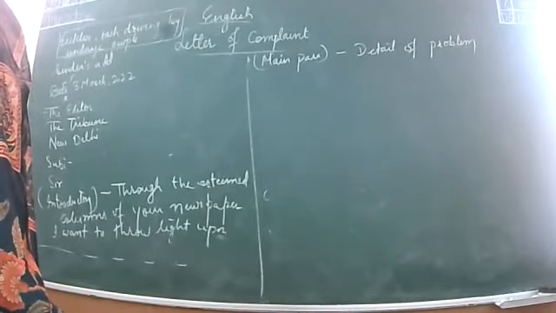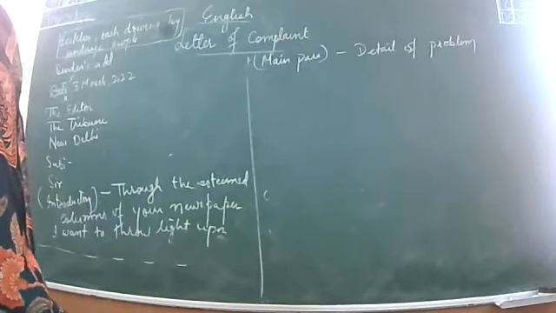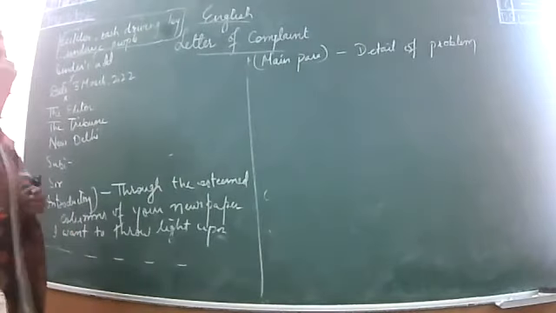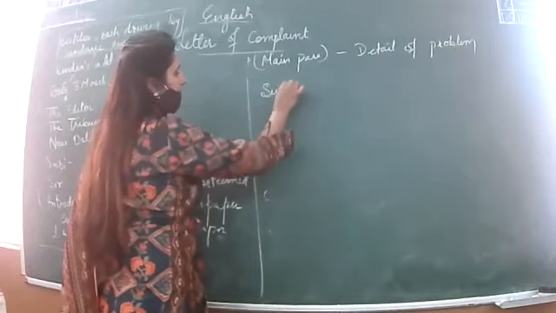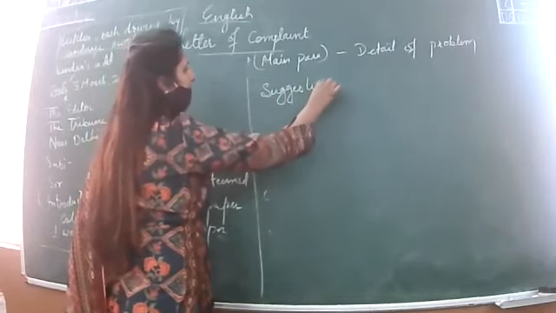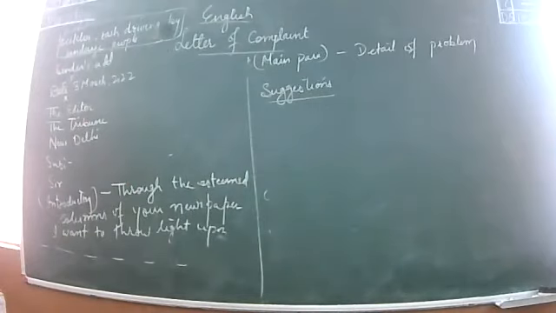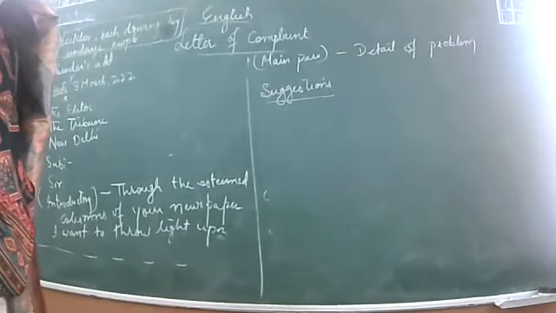So I wish to bring notice of this problem to the concerned authorities. Then you can make one paragraph of suggestions. What can be the suggestions? The police should be more vigilant, find the offenders and take away their license.